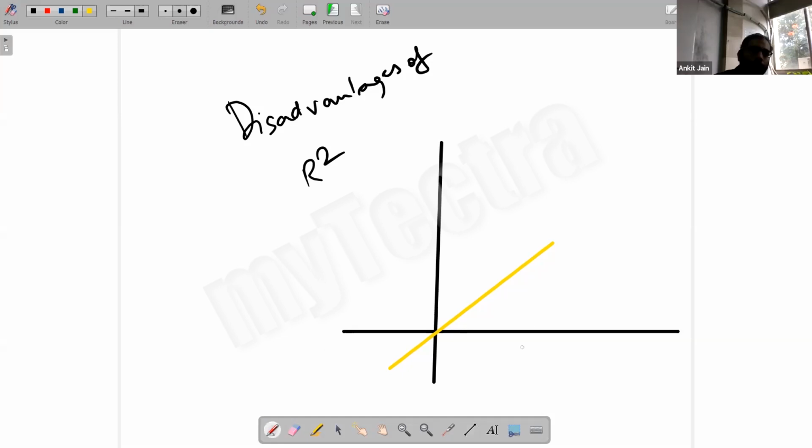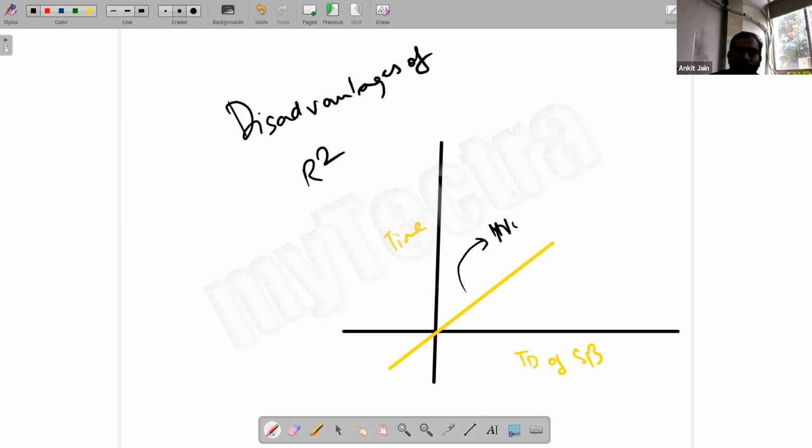Suppose what model we are trying to make? We are trying to make, say, traffic density at Silk Board and the time I reach class. Suppose there was one more axis, which was taking into account how many children were born at that point of time in India. What is this line saying?